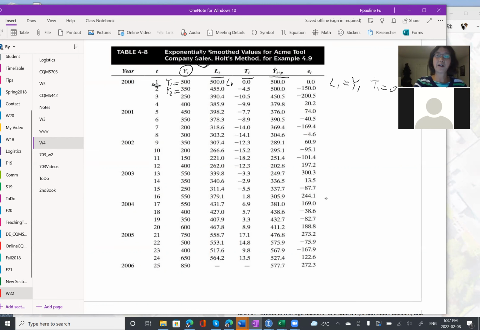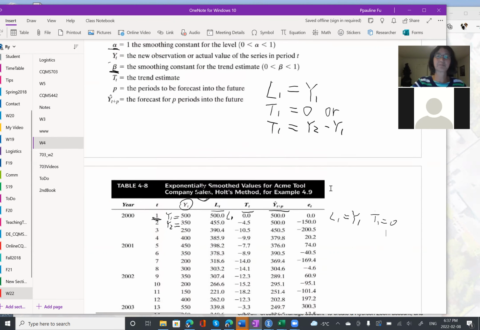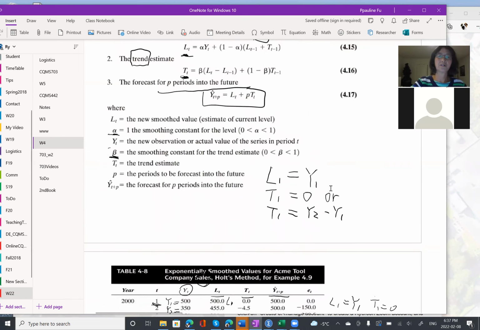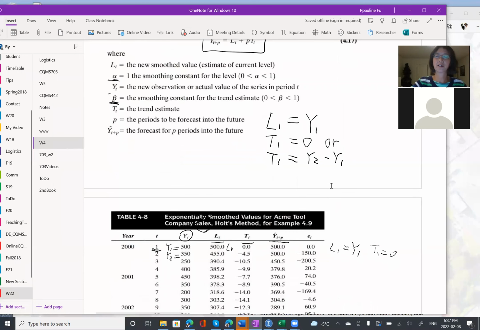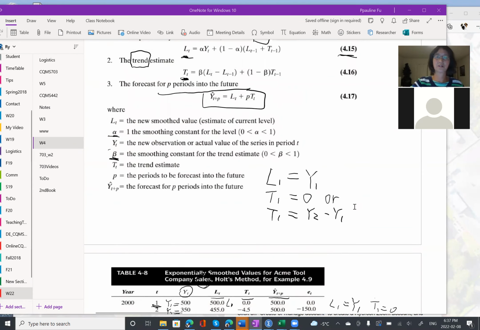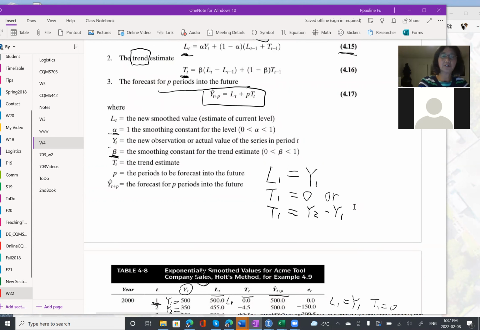Okay, once you have L1, T1, you use formula 4.15 to get the next level. Next level is L2. So L2, based on formula 4.15, equal to alpha.